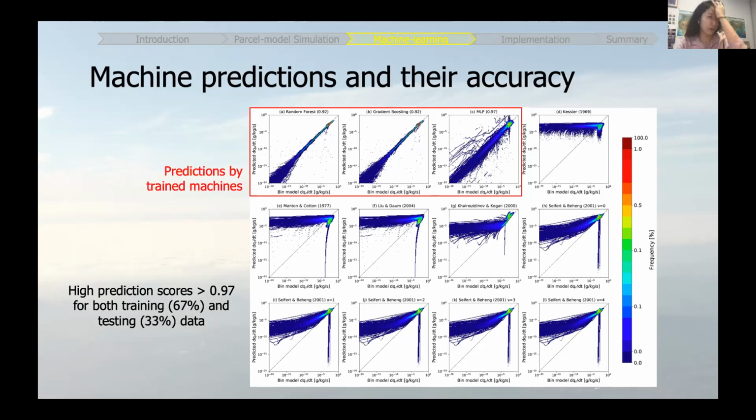Yes, I think that's true, especially when running a climate model. But when we want to be very accurate in terms of the amount of precipitation or rates, then yes, these machine learned parameterizations can be very powerful. I hope that answers your question.